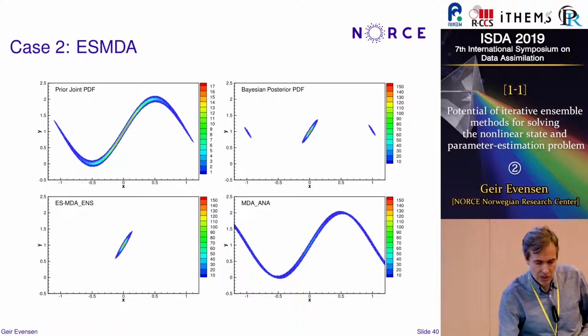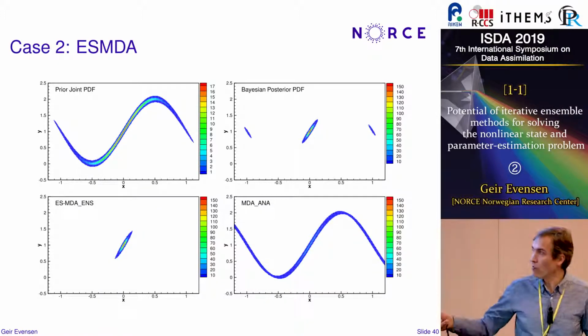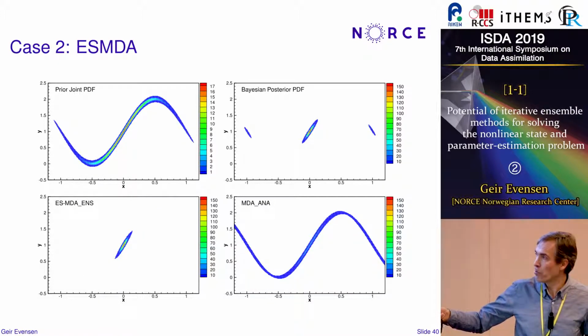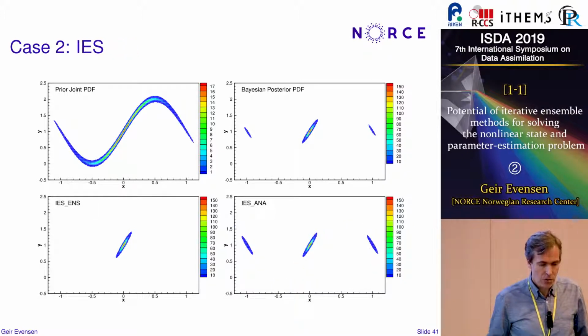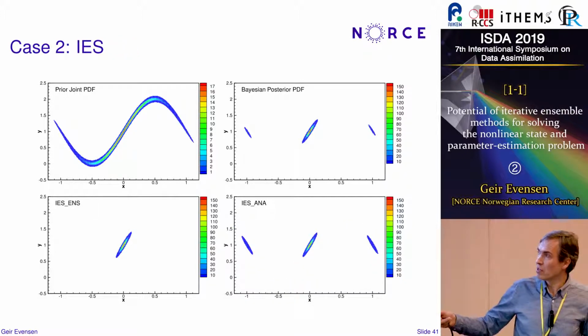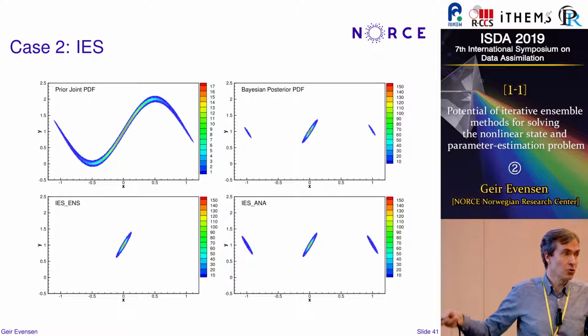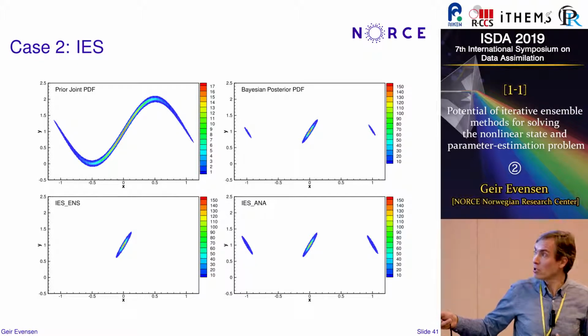If you go to ESMDA, you are recovering the central mode, but for some reason with the analytic representation of the gradient, it doesn't work. If you go to iterative ensemble smoothers, then with the ensemble representation, you get the central mode. With the analytic representation, you get the theoretical solution. So in this case, it actually works quite well.